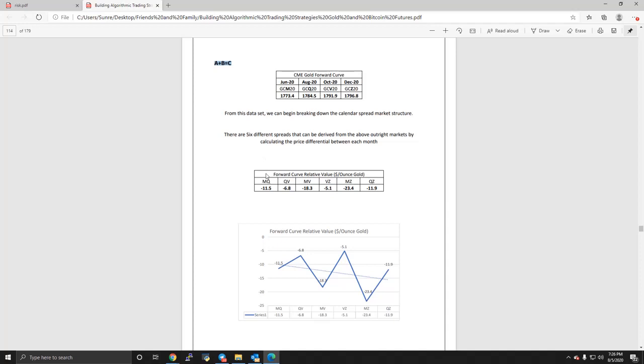And we're going to try and figure out how to make the concept of A plus B equals C work between calendar spread markets. We're basically going to identify the relationship that calendar spread markets share between each other, which is identified visually on the calendar spread forward curve.